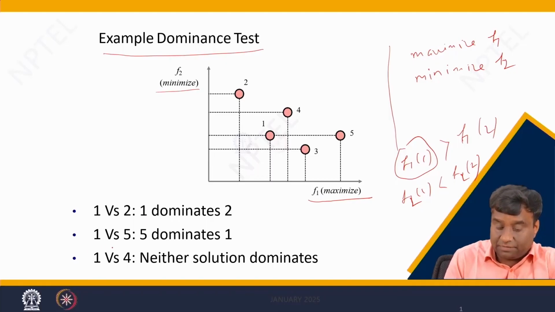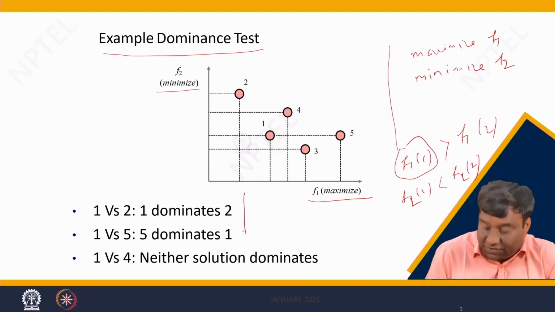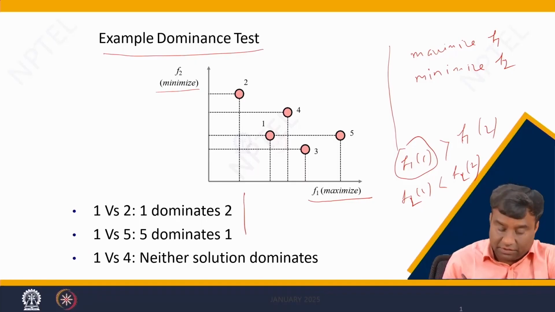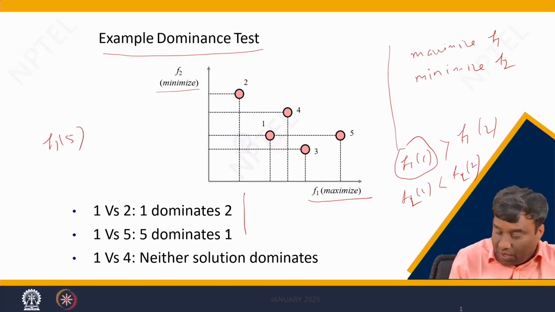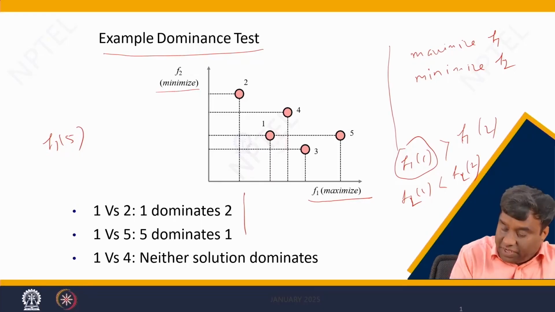Similarly, let's try to understand solution 5. Find the values of F1 for 5 and 1. F1 of 5 is greater than F1 of 1, so if it is maximized, then that is better.